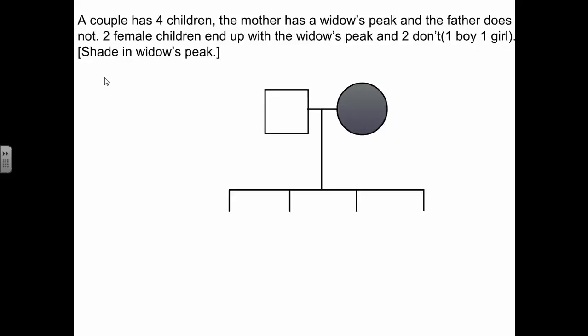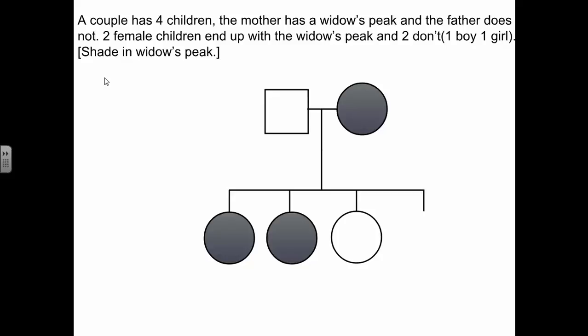All right, we have 2 female children with a widow's peak. What symbols are we going to give them? Krista? Shaded circles. Then they have 2 that don't, a boy and a girl. What are their symbols going to be? Unshaded square, unshaded circle.